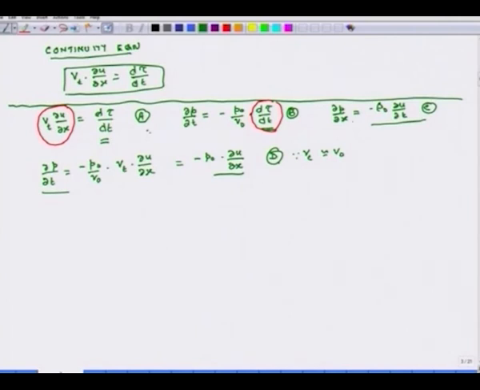So, if I differentiate equation D with respect to time, what I get is the second derivative of pressure with respect to time is equal to minus, and then from this equation what we get is, so now we are going to differentiate C with respect to x.